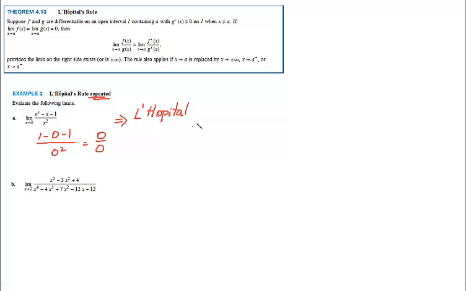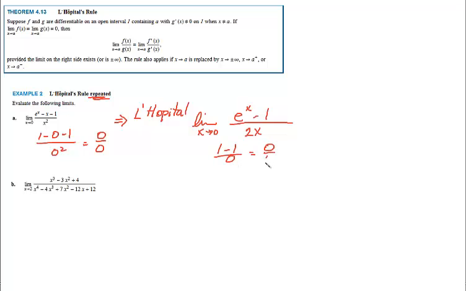I'm going to take the limit as x goes to 0, and then I'll take the derivative of the numerator and then the derivative of the denominator. This is e to the x minus 1 over 2x. I'm now going to try direct substitution. I will get 1 minus 1 over 0.